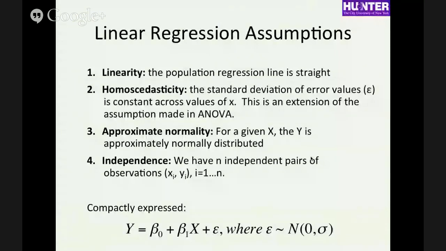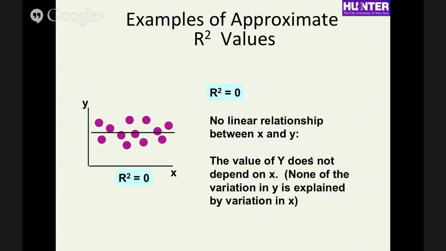By the way, what a diagnostic plot often looks like is just plotting your residuals against x. So here you can actually see what it would look like. Here are your residuals. And you can kind of see by looking at this that the residuals are about the same on the left as they are on the right.